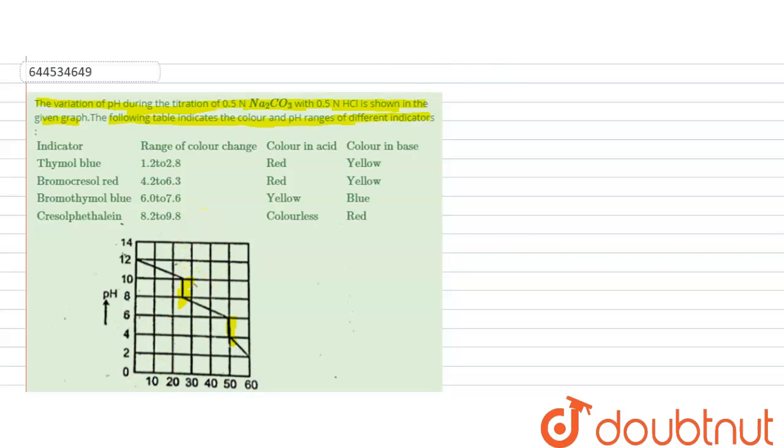So when we are increasing the volume of HCl, there is a sudden change in the pH, and this point where there is a sudden change in the pH is called the equivalence point.